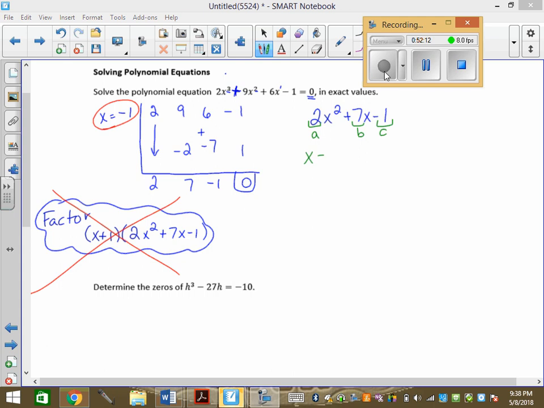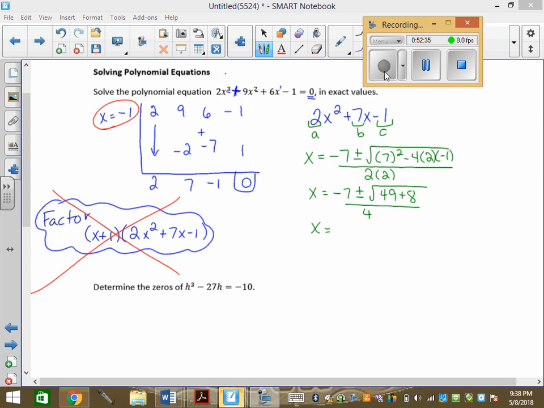So I'm going to get x equals -b plus or minus the square root of b squared minus 4 times a times c all over 2 times a. So I get x equals -7 plus or minus the square root of 49 plus 8 over 4.